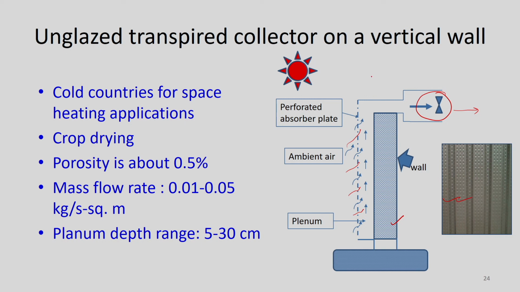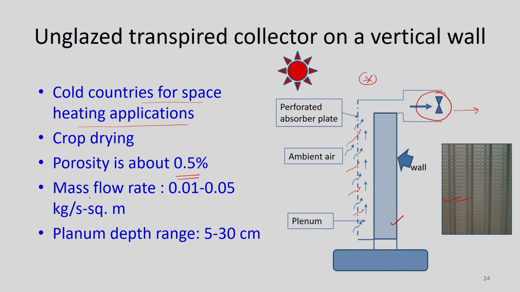So, this kind of concept is normally applied in cold countries for space heating applications. Of course, this can be applied for crop drying and other agricultural product drying, and the porosity of this absorber plate is about 0.5% in most of the cases.